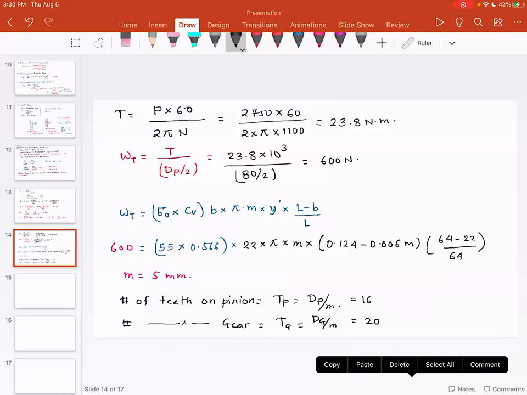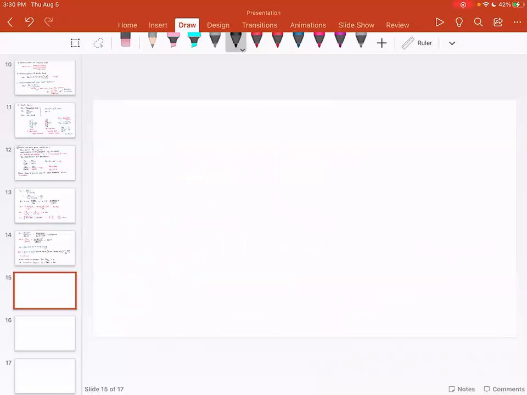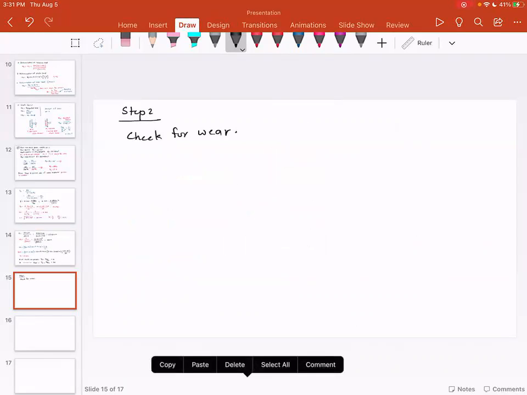Now the next step is checking for wear. In this case, I just want to take a slightly different approach.